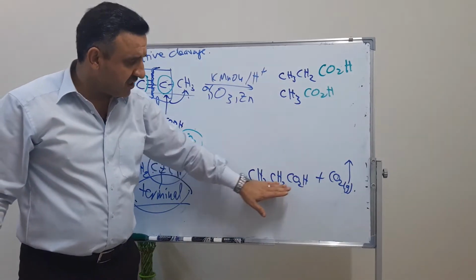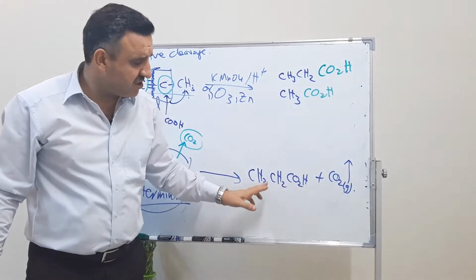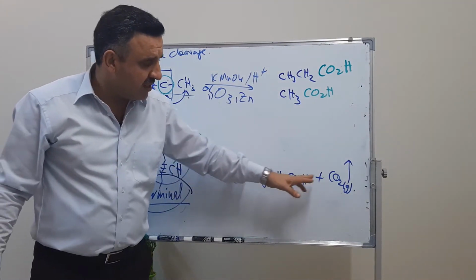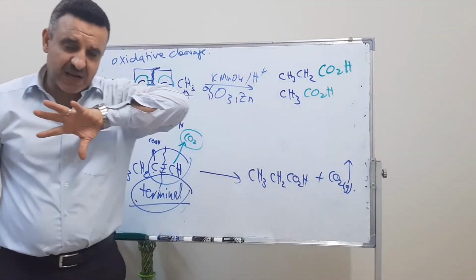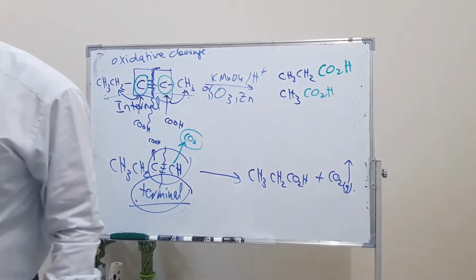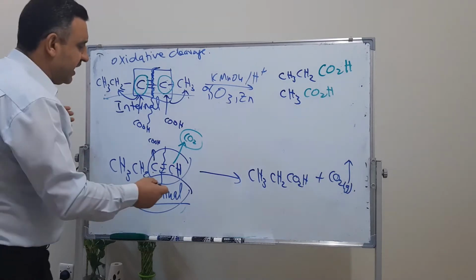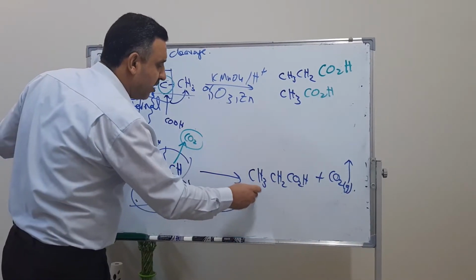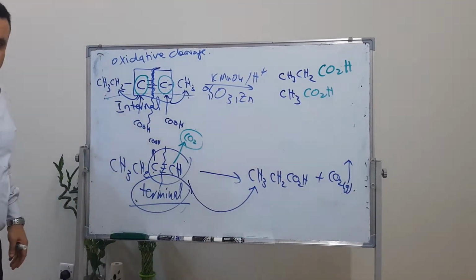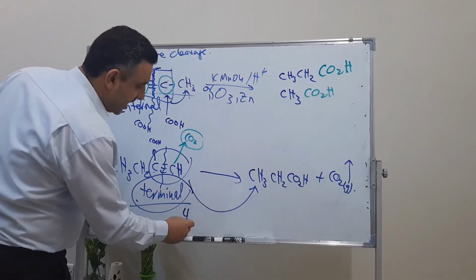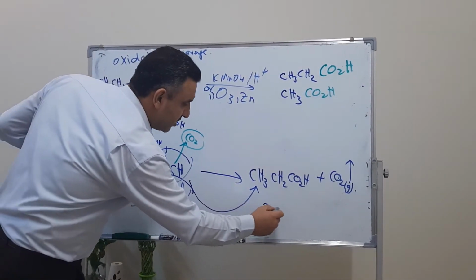So what we are going to get is this product, which has 3 carbons, 1, 2, 3. This carbon here has broken off from the whole system. Do you follow me? So this is one of the reactions where we get shortening of the long chain. From 4 carbons, we end up with 3 carbons.